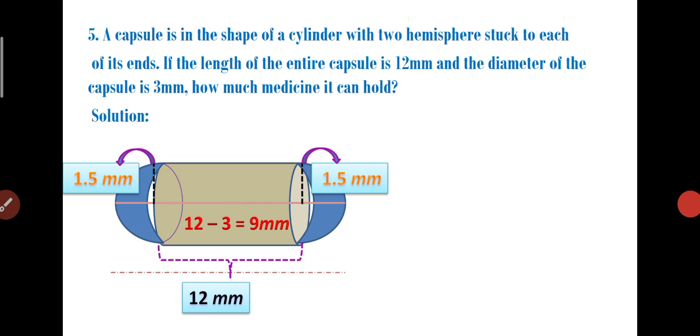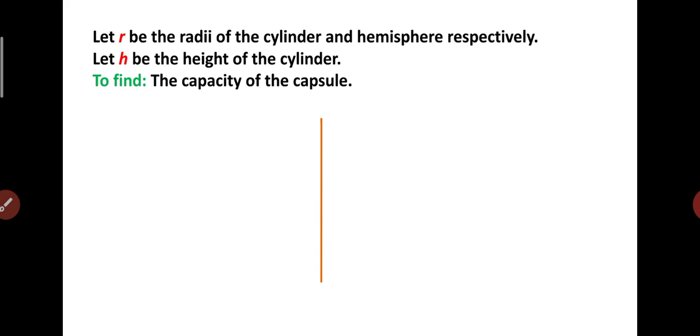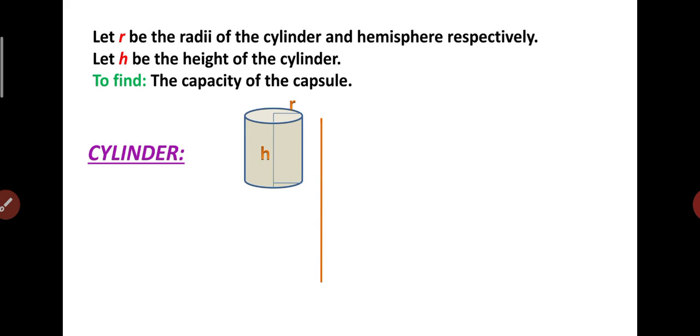Now this is the height of the capsule, that is 12 millimeter, including both hemisphere and cylinder. Entire length, 12 millimeter. Now you tell me, children, what is the length of the cylinder alone? Here the height of the hemisphere is 1.5 millimeter, and on this side 1.5.